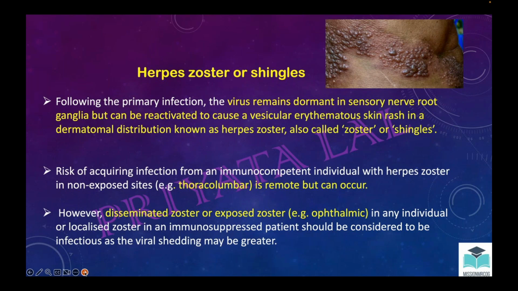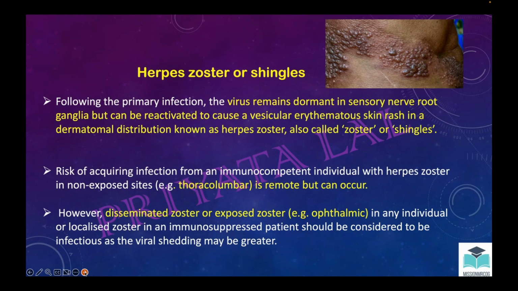That time a skin rash occurs, and it usually occurs in a dermatomal distribution. That means it will only happen in one dermatome that is supplied by a single nerve. And another thing, it will never cross the midline.